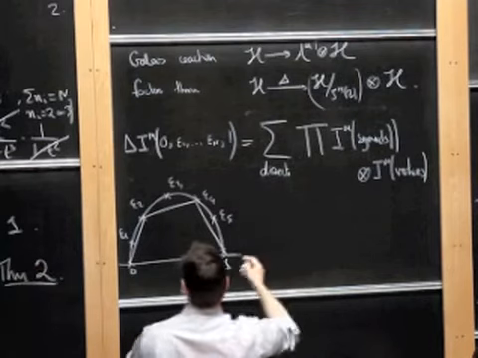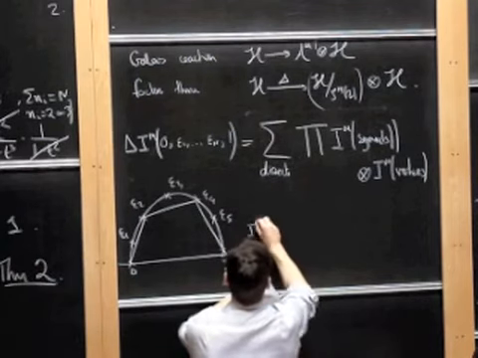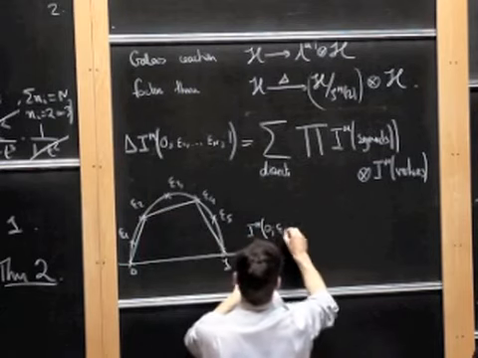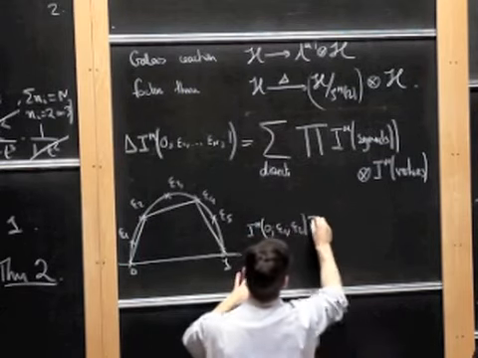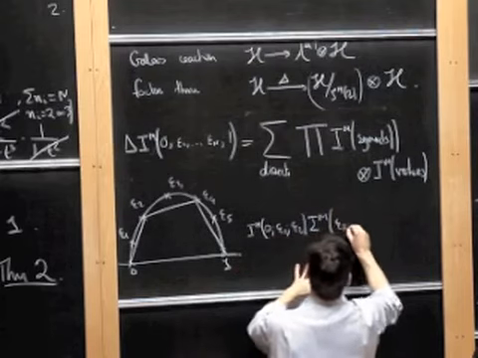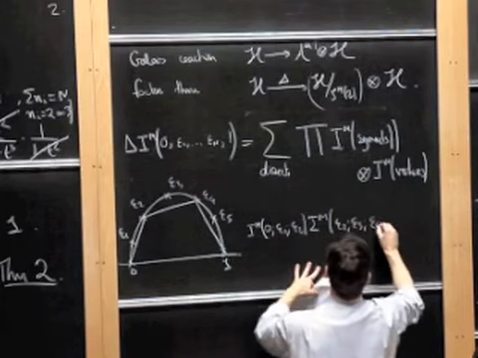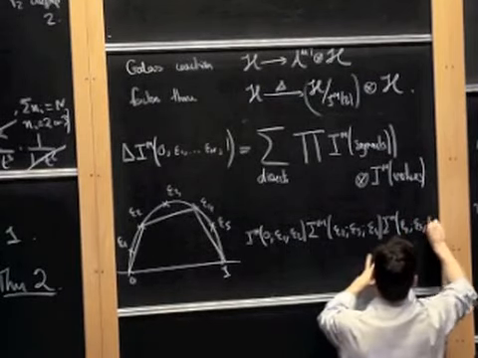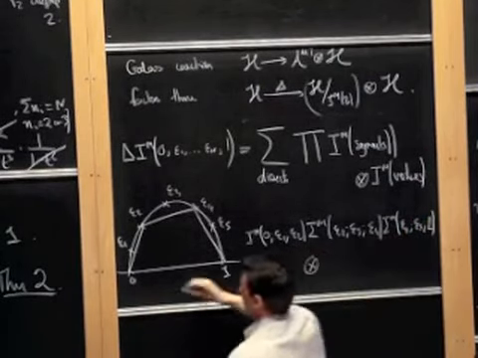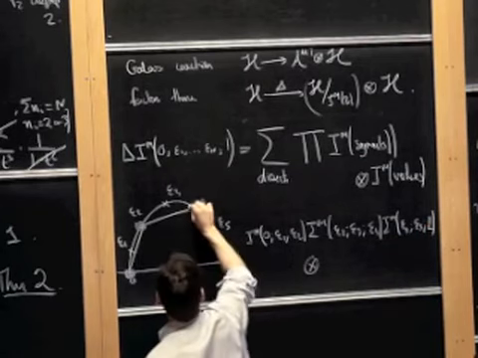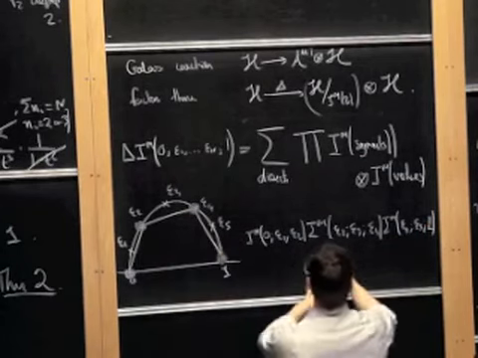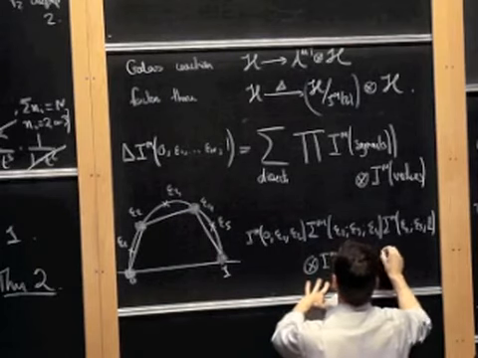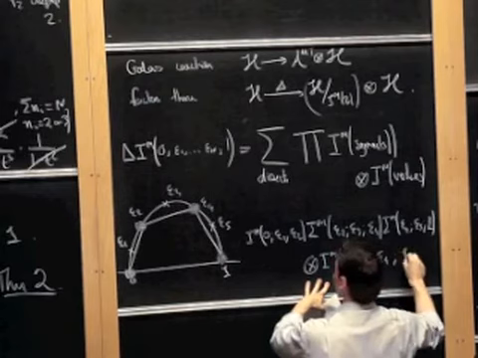So one particular term in this formula would be, on the left-hand side, the product of each argument in each segment, E2, E3, E4, E4, E5, 1, tensored with the vertices. So I_M, 0, E2, E4, 1.